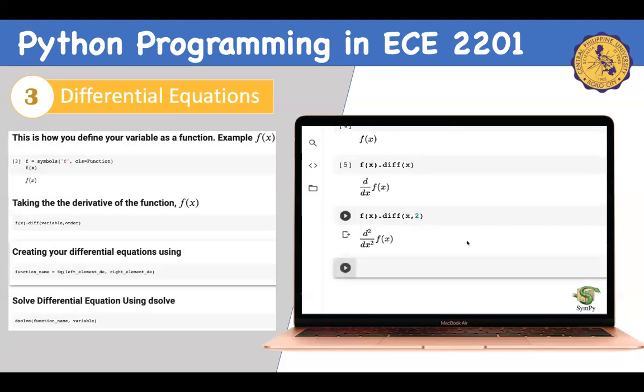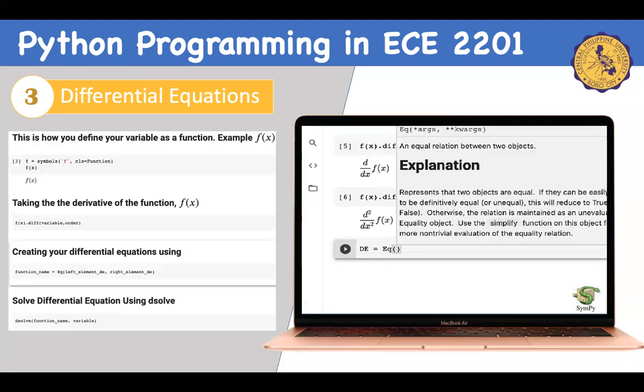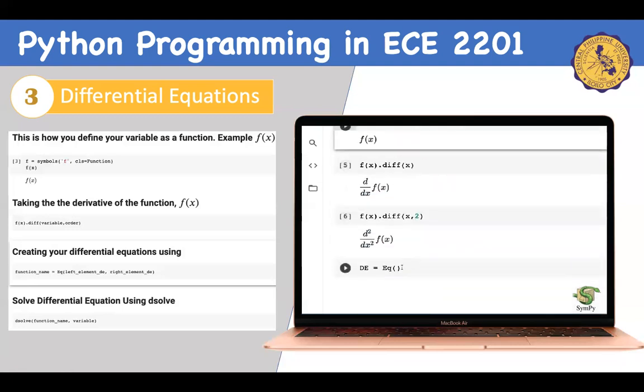Now, let's create a differential equation. By typing Eq, open and close parentheses, that's how you create a differential equation. First, we are going to create f double prime, the second derivative of f of x.